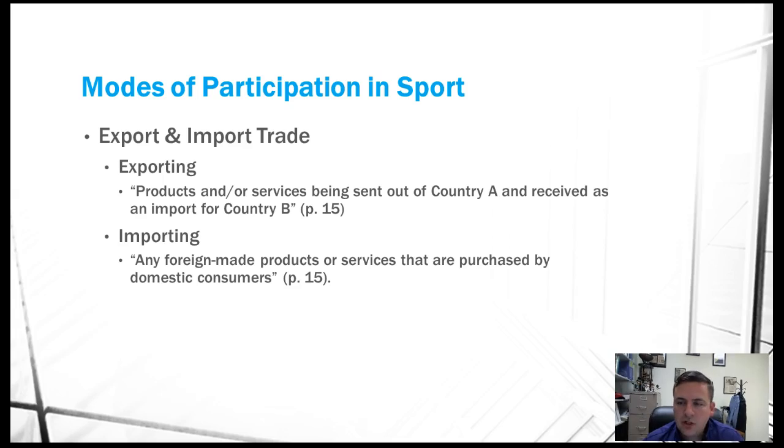The basic definition of importing and exporting is listed here. It's in your book as well. Exporting would be basically products or services that are being sent out of country A and are being received as an import by country B. So a company produces something, let's say in the United States, and sends that product to another country. They are exporting it out of the United States, and the other country receives it as an import.